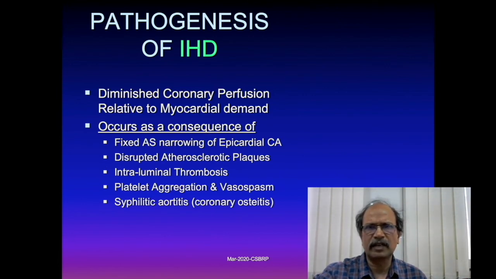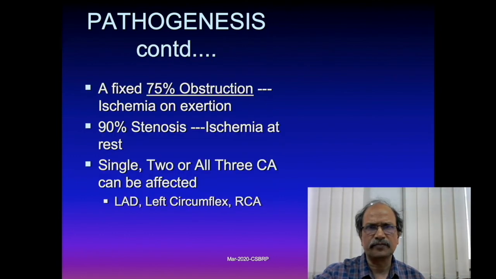Platelet aggregation and vasospasm is another thing. Probably an atherosclerotic plaque may rupture, and when it is ulcerated or ruptured, platelet aggregation occurs, and platelet activation results in release of a variety of cytokines or chemicals which are associated with local vasospasm. So platelet activation can cause coronary vasospasm, and syphilitic aortitis can cause narrowing of the coronary ostia, probably causing ischemic heart disease.